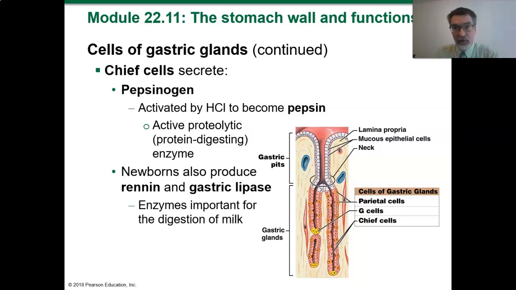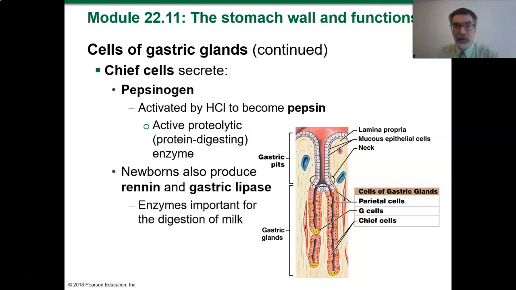Remember when we went over cells in AP1, cells are made up of phospholipid membranes and lots of proteins along the membranes, and a lot of proteins within the cells as well, right? So when these chief cells are producing this protein through the ER and Golgi, they're producing the protein as an inactive enzyme, pepsinogen.